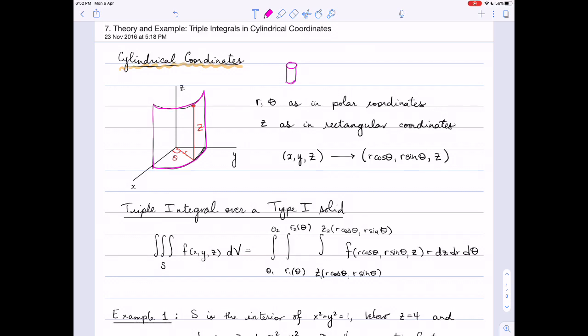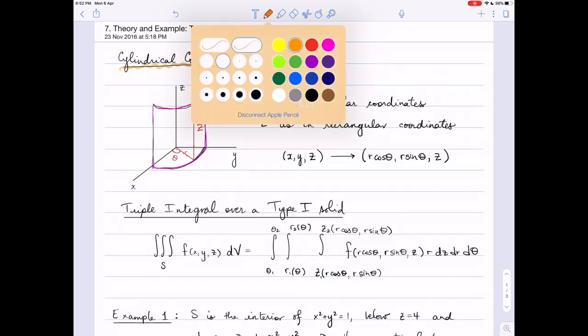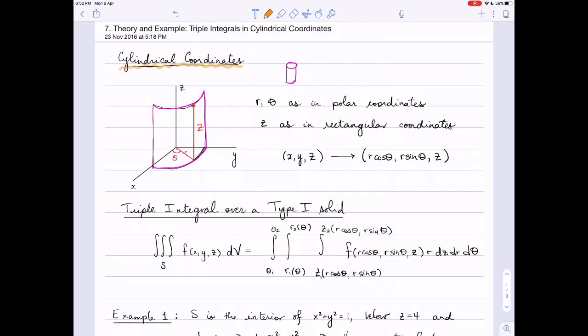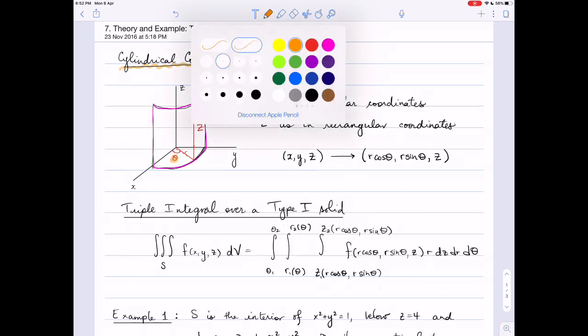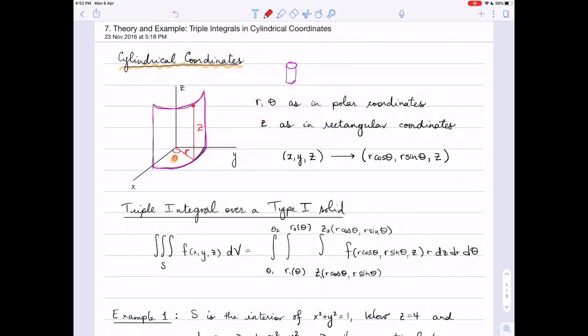If we look here in the diagram, there's three things going on. There is an angle theta. There is a radius r.